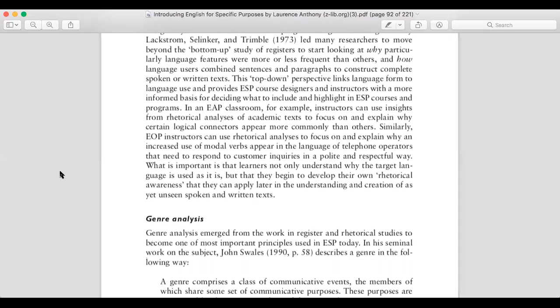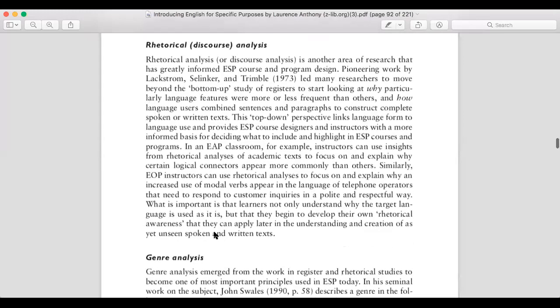So needs analysis is altogether a different analysis, but when we talk about deciding learning objectives for specific courses and programs, we need some other kinds of analysis as well. Among those are register analysis that we are done with, then rhetorical analysis or the discourse analysis that we are going to do today, and the genre analysis that's right in front of you, okay?